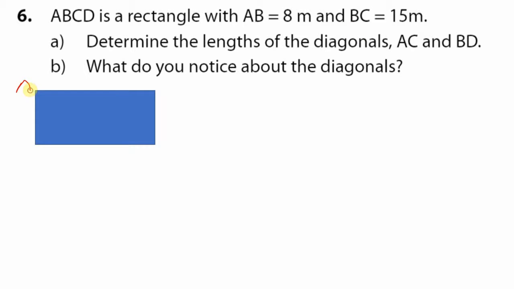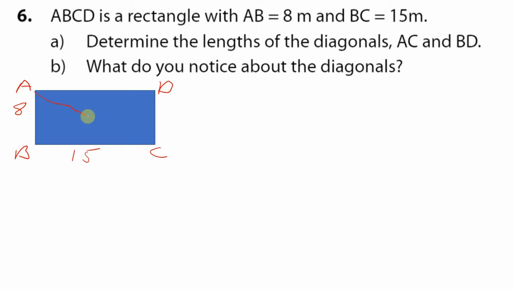So we can say AB is 8 meter and BC is 15 meter. Determine the lengths of the diagonals AC and BD.